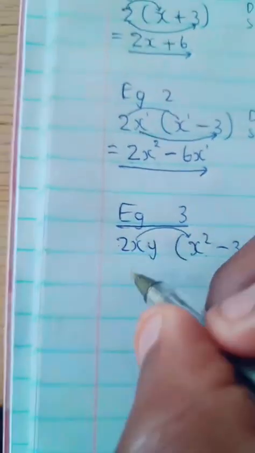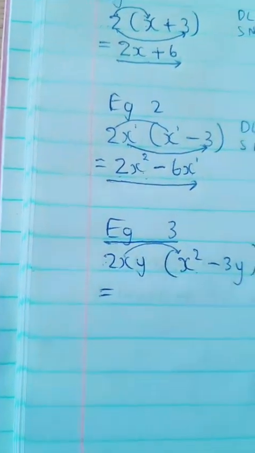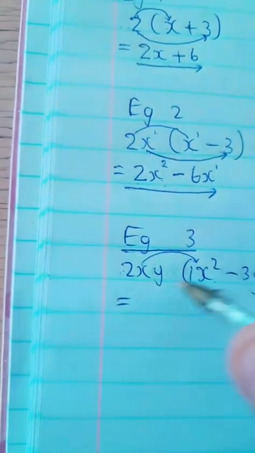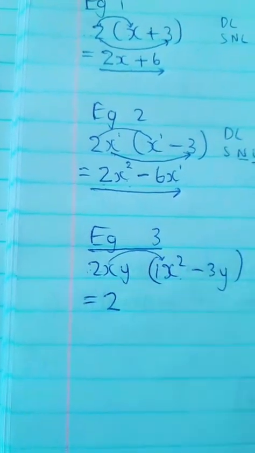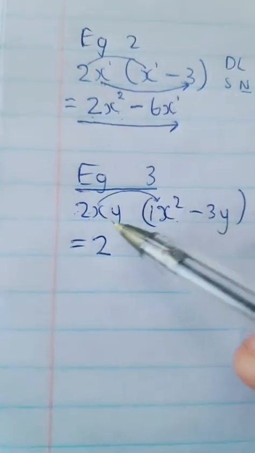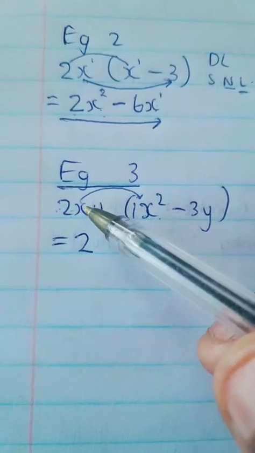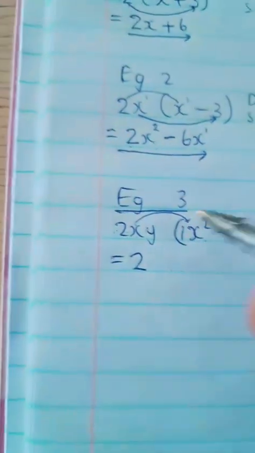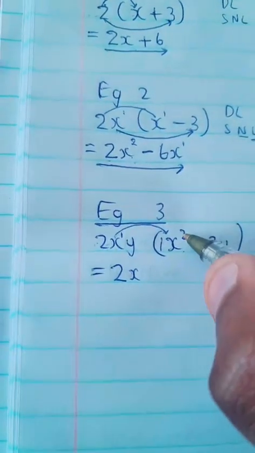Positive times a positive is positive. Then we move on to the number. 2 times, there's a 1 here. 2 times 1 is 2. Then we move on to the variable. Now in the letters we can see there's an x and there's a y. So we start first with the same variables, x. x times x squared. That means x to the power. We have a 1 here, we have a 2 here.